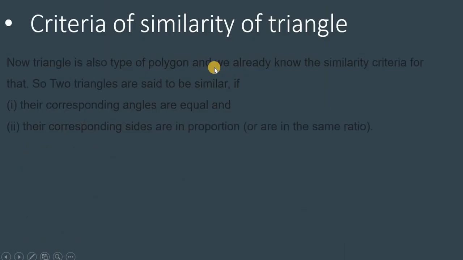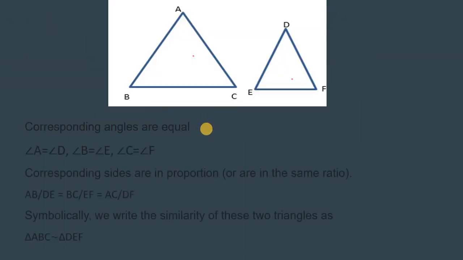So how do you prove mathematically that these two triangles are similar? By definition, you have to follow either of these two conditions: their corresponding angles are equal, or their corresponding sides are in proportion.